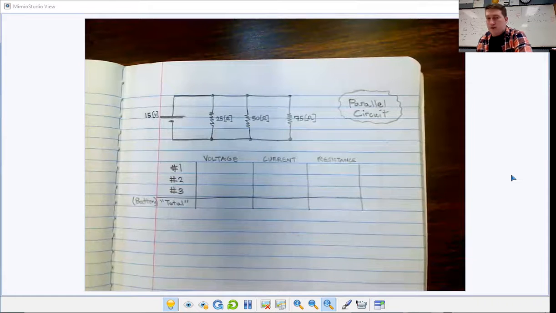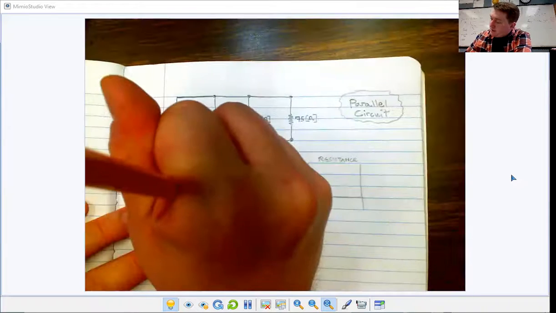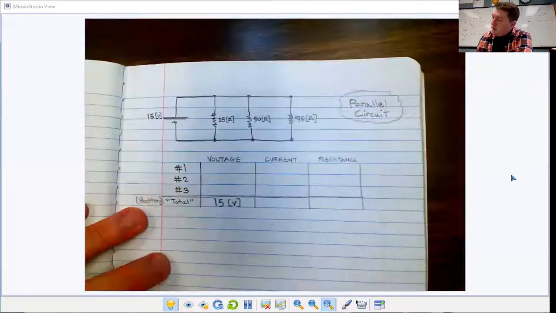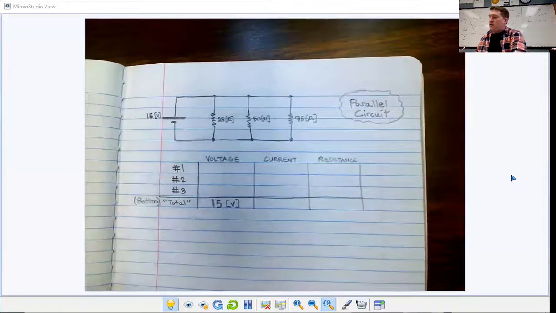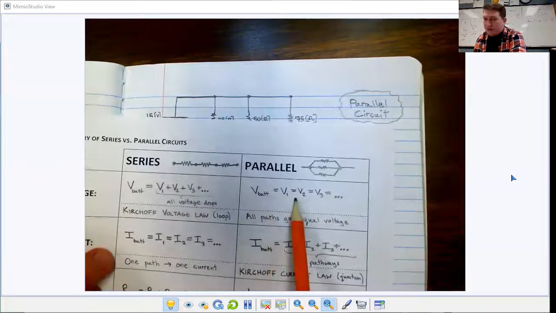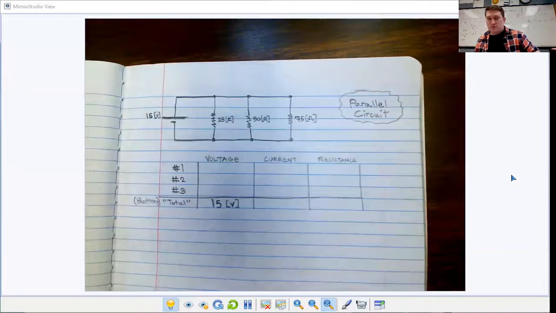So what you may have noticed is that the battery voltage was 15 volts, but every single light bulb in parallel got the same exact voltage.